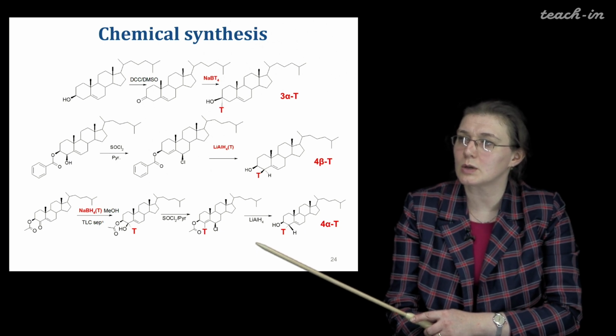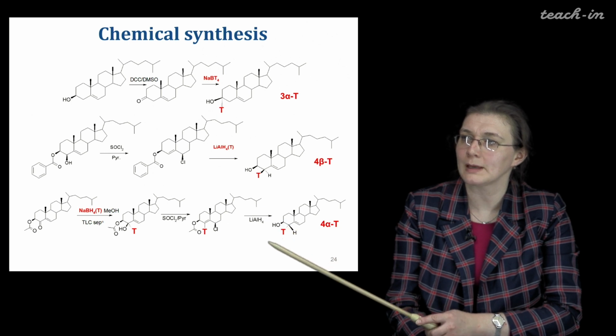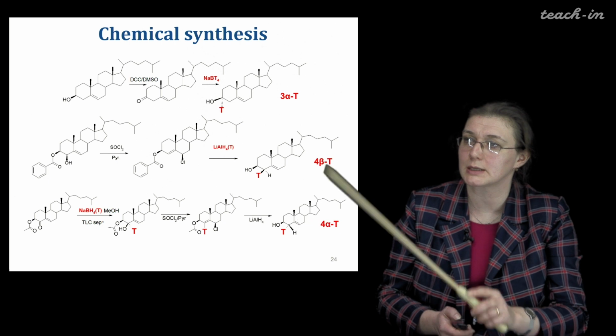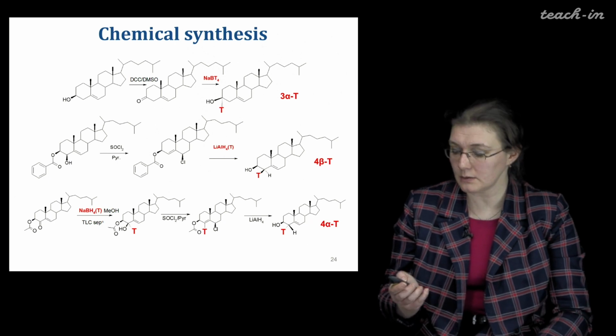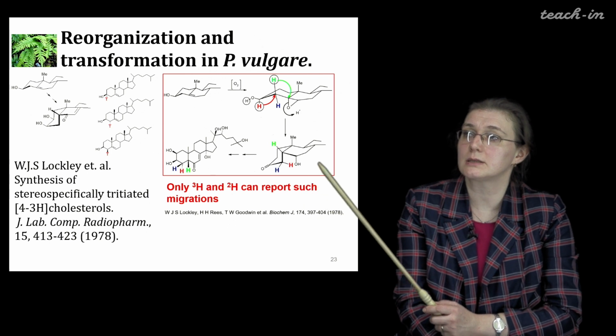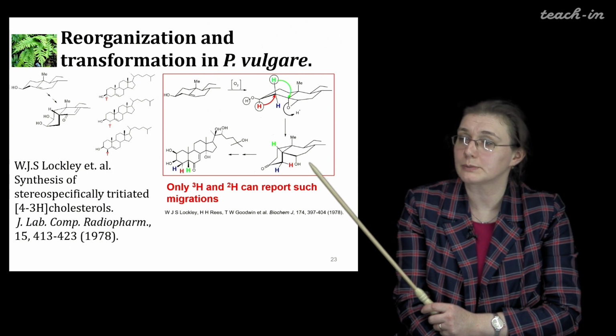The label was introduced in the alpha position, so on the first step, and I want to emphasize that the yield of such a reaction was smaller than for that one. And then he analyzed the distribution of label in the final product.